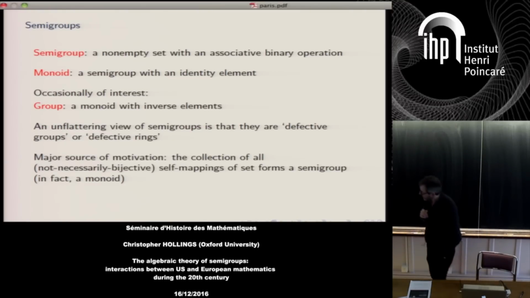One of the major motivations for studying semigroups is that the collection of all self-mappings of a set is a semigroup, in fact a monoid. If you go beyond just the bijective maps, you need a structure to describe them, and that's where semigroups come in. Okay, so that's the definition.